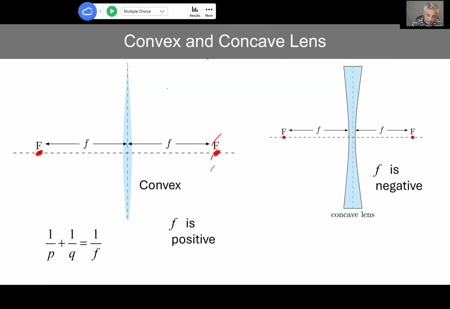So this is called convex based on its shape. If it is bulging out, it means convex, right? And if it is bulging in, then that is concave. But both of them have a focal point on both sides, and we can have a focal length. If their curvature is symmetric, then their focal points are going to be the same. So there are different kinds of lenses.